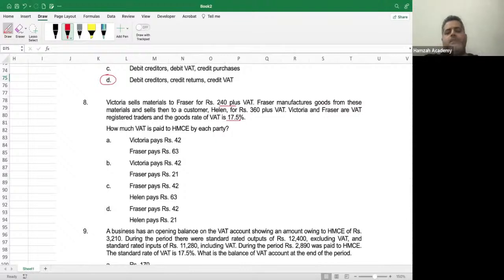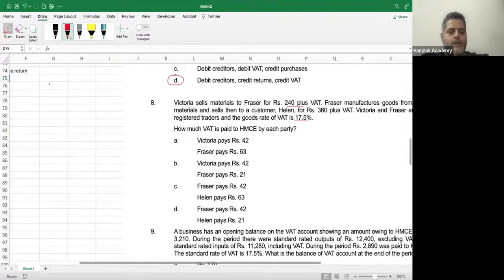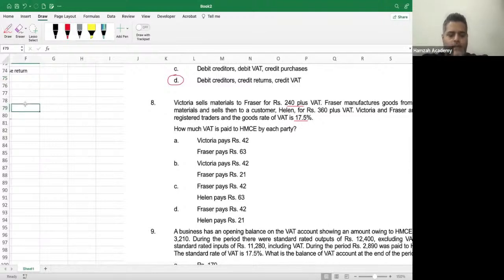How much VAT is paid to HMCE by each party? First, this is Victoria. Victoria has sold the goods for 240, so it means 240 into 0.175. Victoria is going to pay 42 over here.